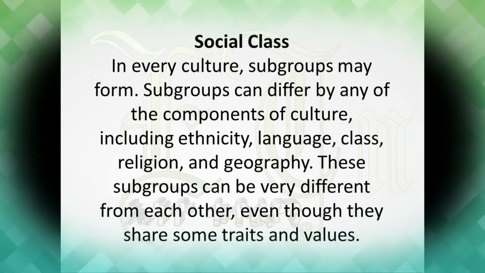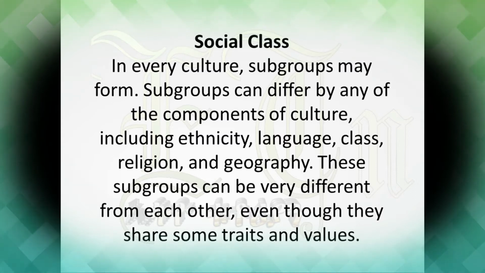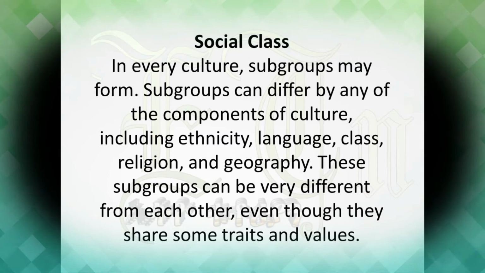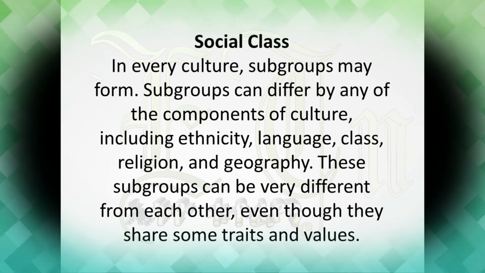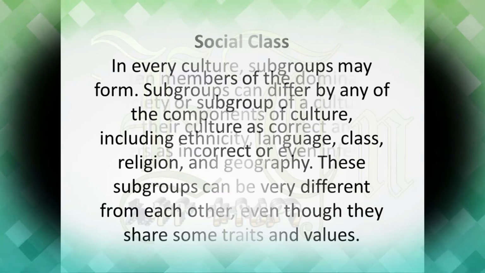Social class. In every culture, subgroups may form. Subgroups can differ by any of the components of culture, including ethnicity, language, class, religion, and geography. These subgroups can be very different from each other, even though they share some traits and values.